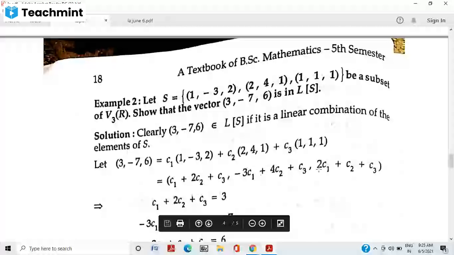Okay, now we will move on to this problem. Here there are 3 vectors, and (3, -7, 6). How can we write this?